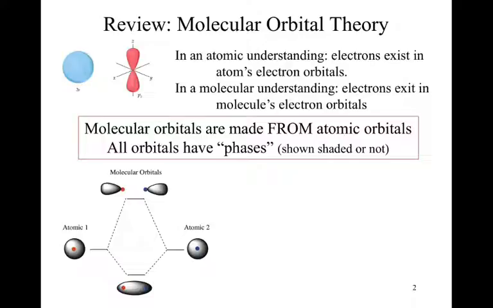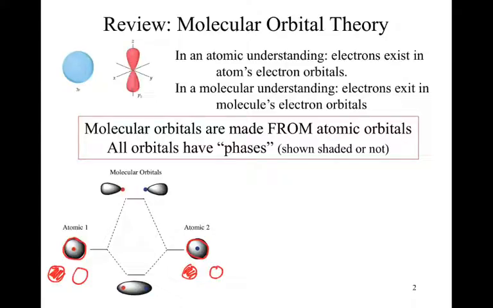So in the example shown, we're taking two s orbitals, which hopefully you would realize are s orbitals because we've got that nice spherical shape. And we're bringing them near each other to see how they could interact. Remember, we could have the system where they are both shaded or unshaded. So both of those populations exist for our orbital.